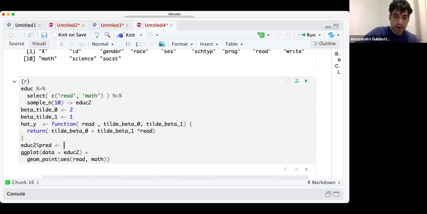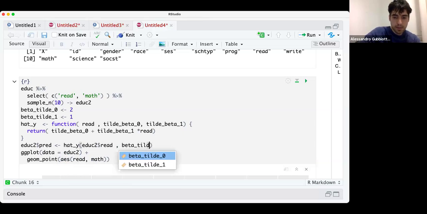We place here hat y, and we need to pass the reading score, educ2 read, then our beta tilde 0 and beta tilde 1.